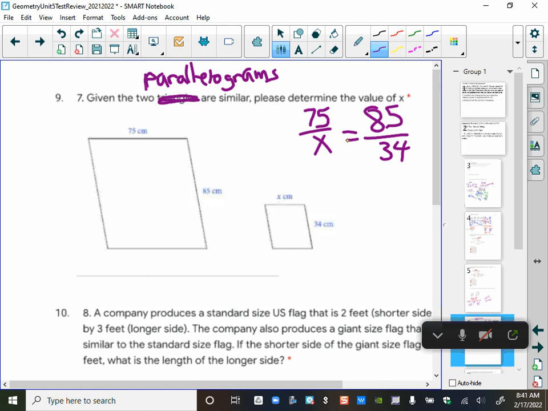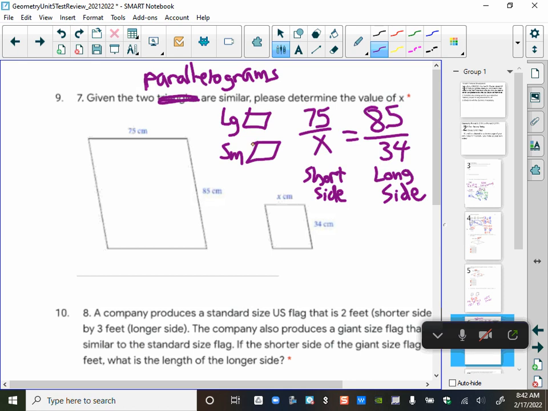What he did was, he took the two shorter sides. Now, this is not the only way you can set it up, but this is a good setup. Long side, and then it was larger parallelogram, smaller parallelogram. That's a valid setup.